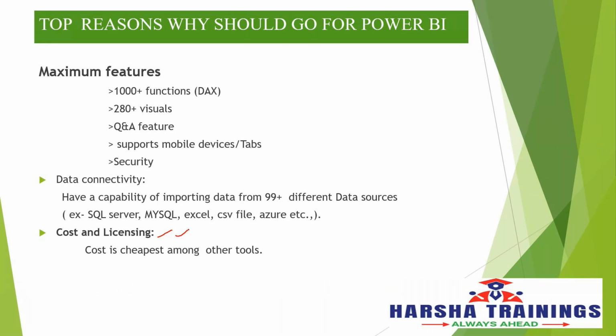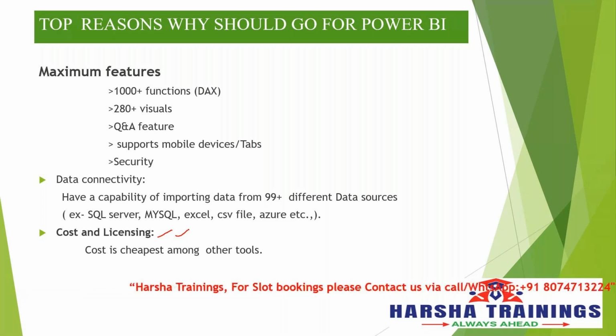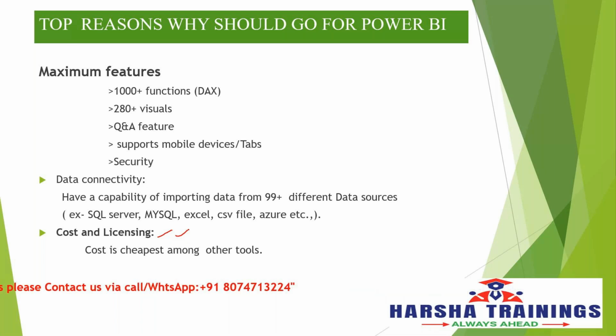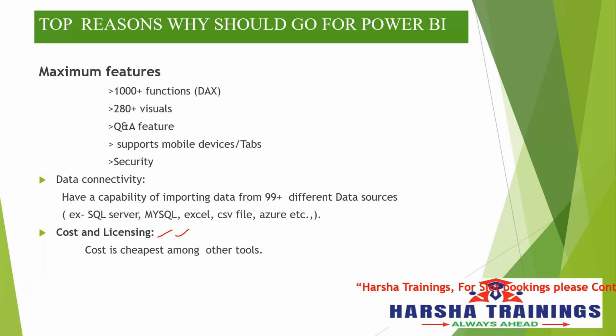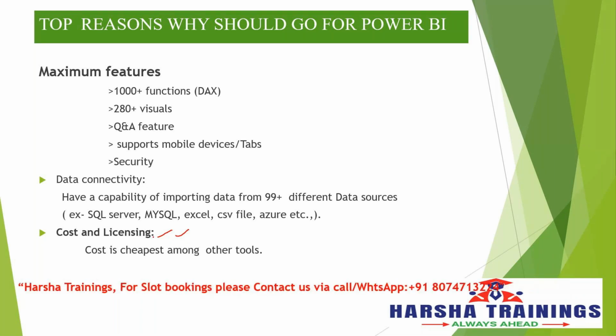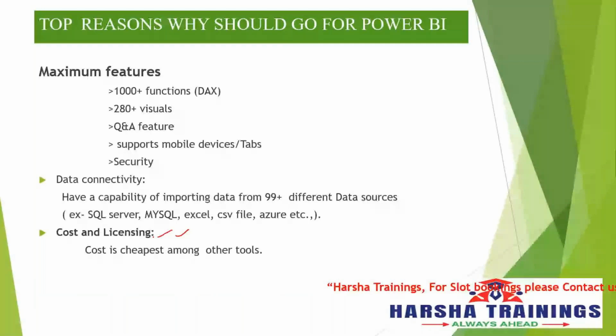That is the human thing. So the cost is cheapest among other tools because there is reasonable licensing. Licenses are available, including a free license. No need to take premium, no need to purchase anything. You can practice yourself by downloading it.